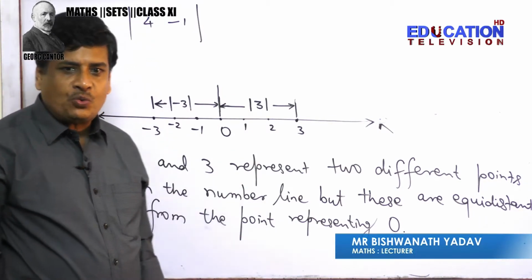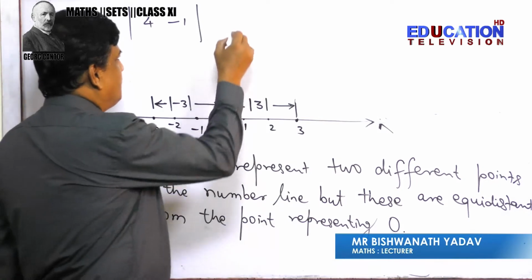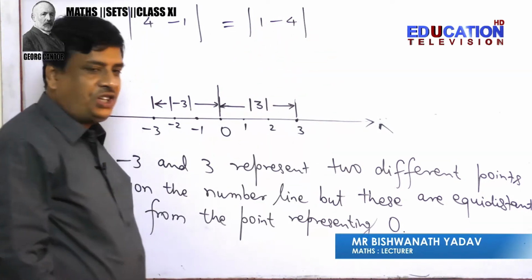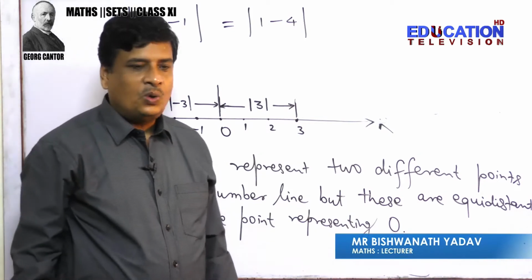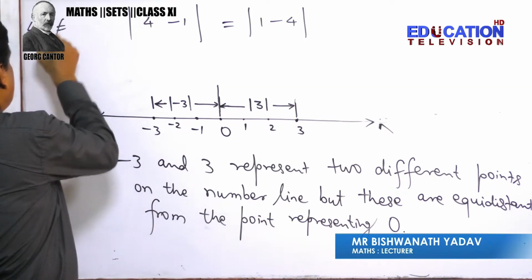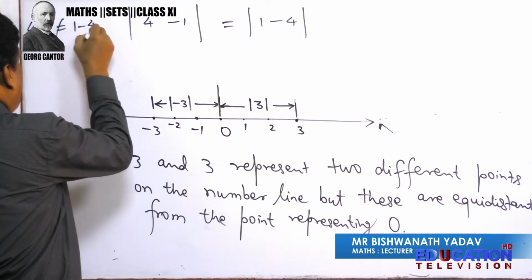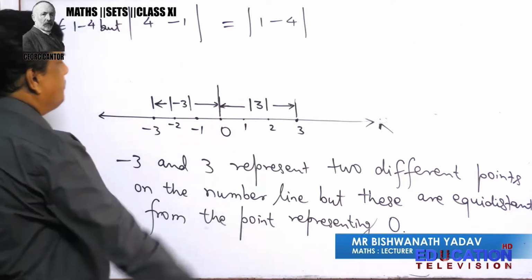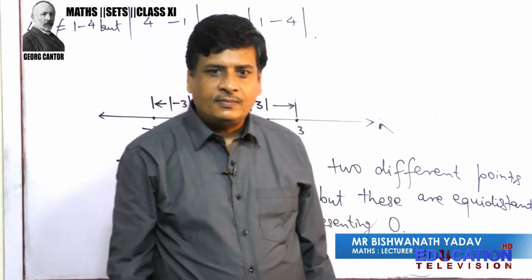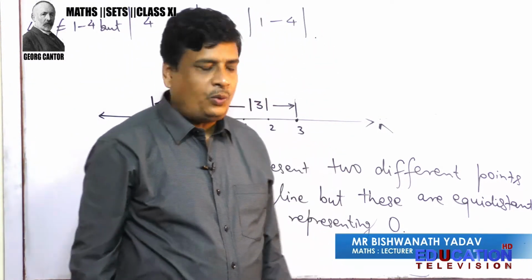Modulus of 4 minus 1 and modulus of 1 minus 4, these are equal. 4 minus 1 is not equal to 1 minus 4, but while taking their modulus, these are equal. What is the reason?